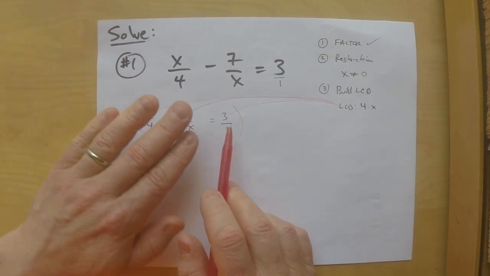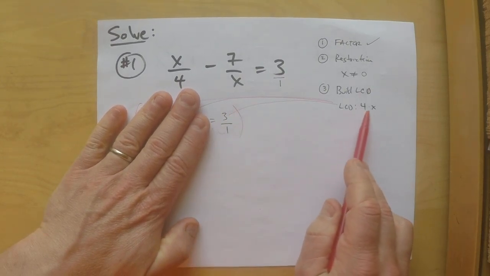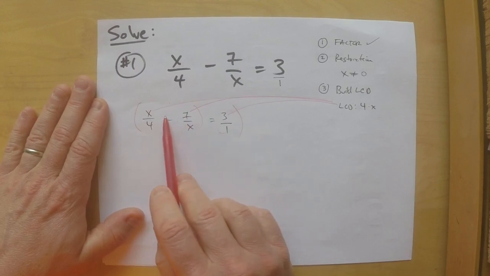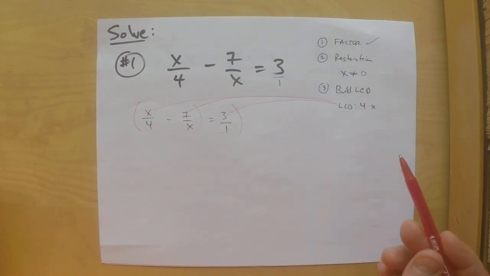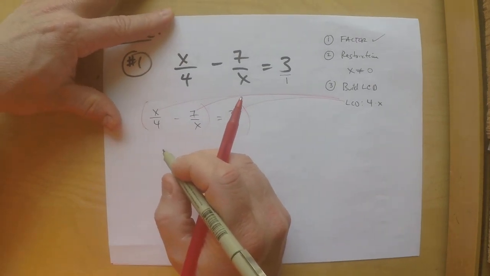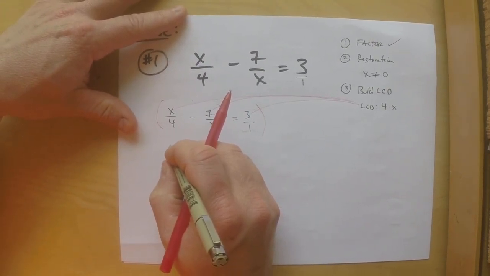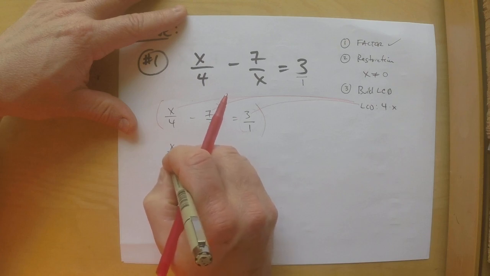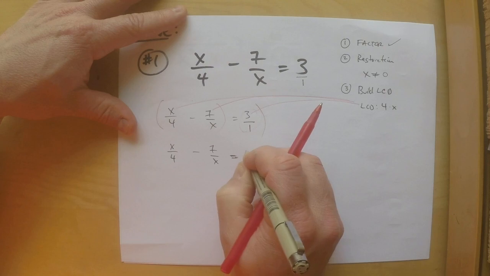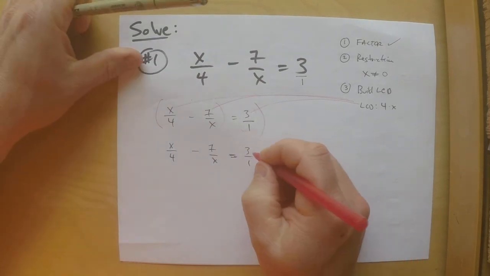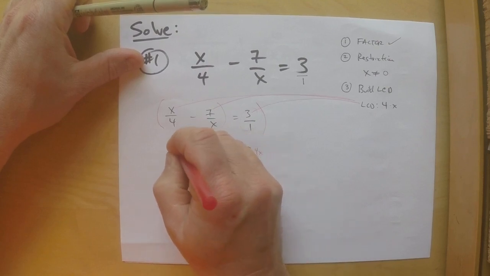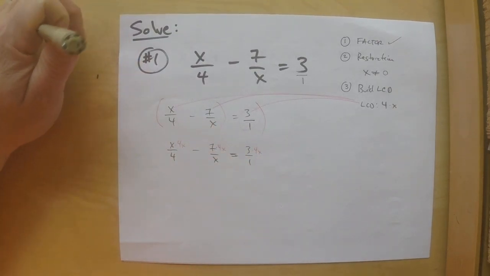What you've really done is multiplied this side by your LCD, and this side by an LCD, and because it's a minus sign there, it's distributed out. So watch what happens. If you have a different color, it actually pops out. Hopefully this red is coming out. I'm just going to rewrite this again for example purposes. And you literally pop up times 4x, times 4x, times 4x right there.